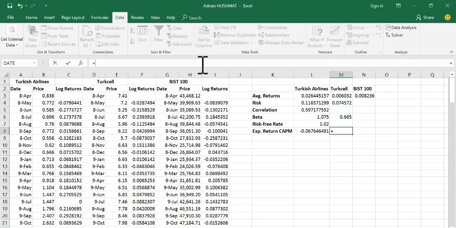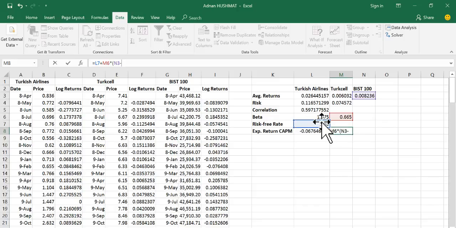It is equal to the risk-free rate of return, which is here, plus the beta of the stock multiplied by Rm, the market returns, minus Rf.